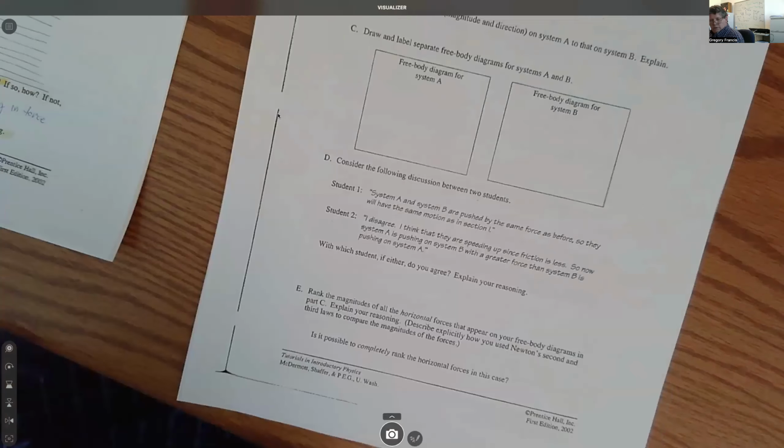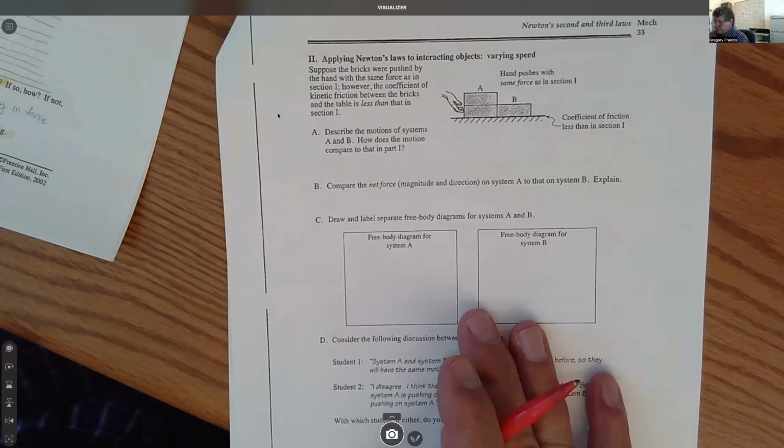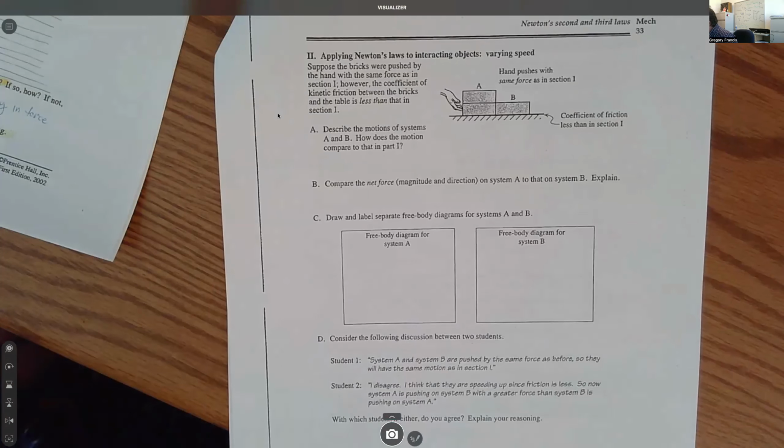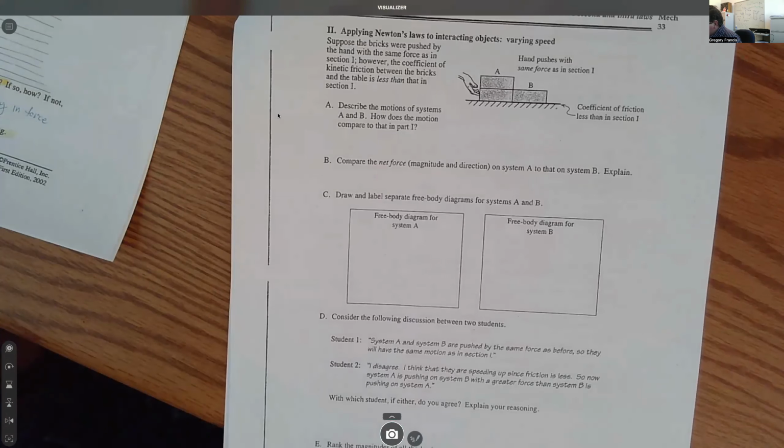Now, on page 3, we do everything over again. We do the exact same problem over again, only this time we polish the table a little bit before we start pushing. And the hand pushes with exactly the same force that it did before.